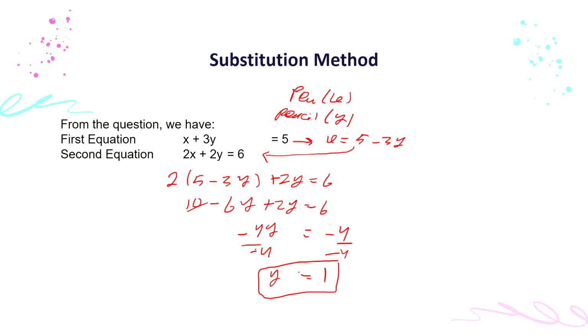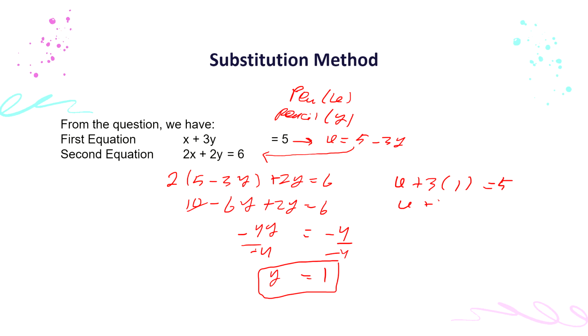After this, we can substitute the value of y into the other equation. Since y is 1, I will choose the first equation: x plus 3 times 1 is equal to 5.